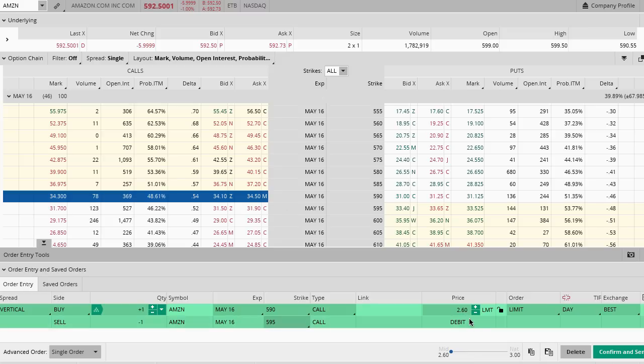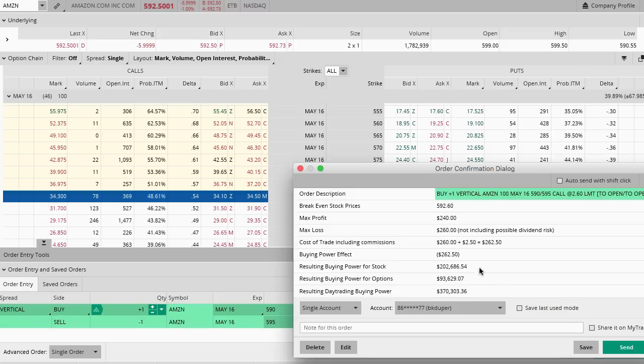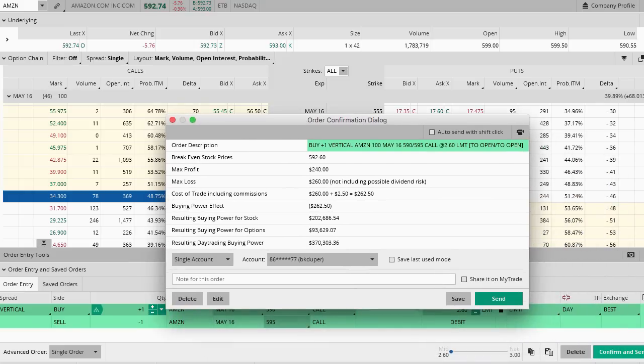You can see that the price for the debit call spread right now is trading at $260, but the actual stock itself is trading at 592.74. So our break-even point on this thing is a little bit lower than where the stock is trading, but notice that our risk to reward is not exactly the same. It's a little bit off. We are not exactly making about 250 for every 250 we have at risk. This trade really has about a 50% chance of being a winner or a loser.